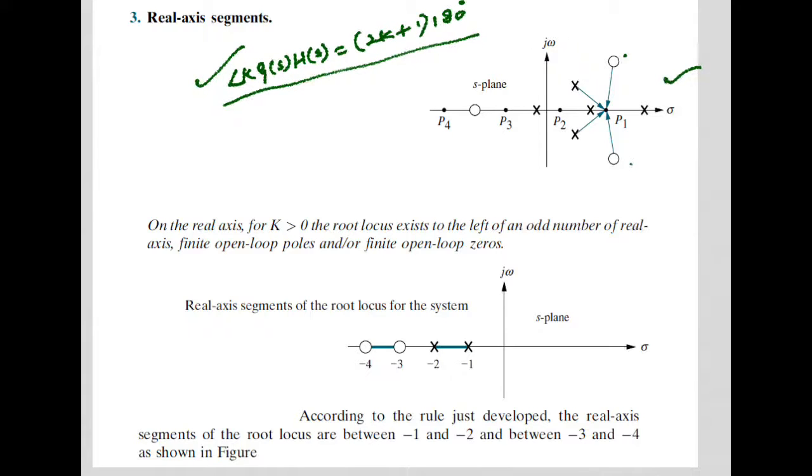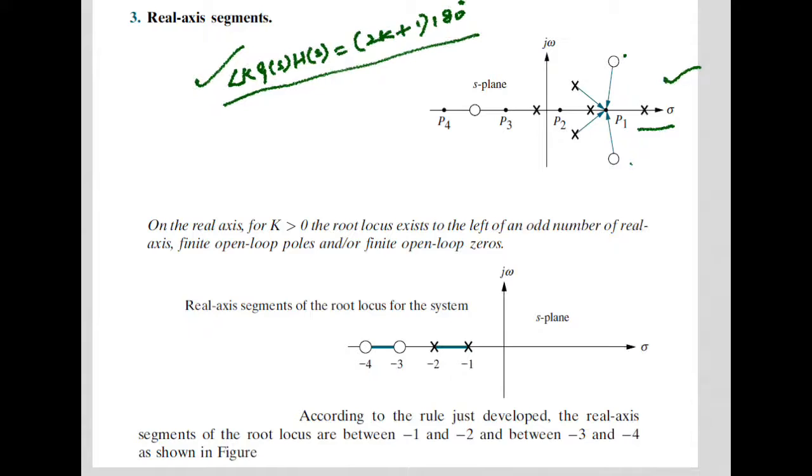Now, if an attempt is made to calculate the angular contribution of the poles and zeros at each point along the real axis, the following observations can be made.